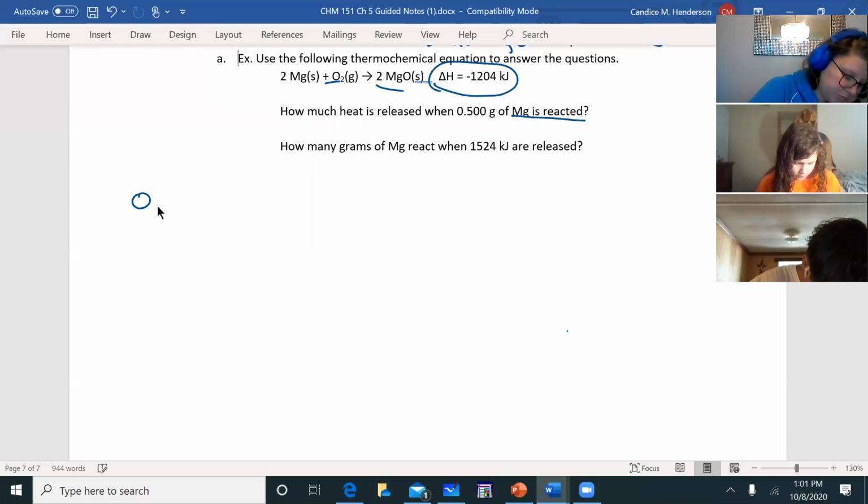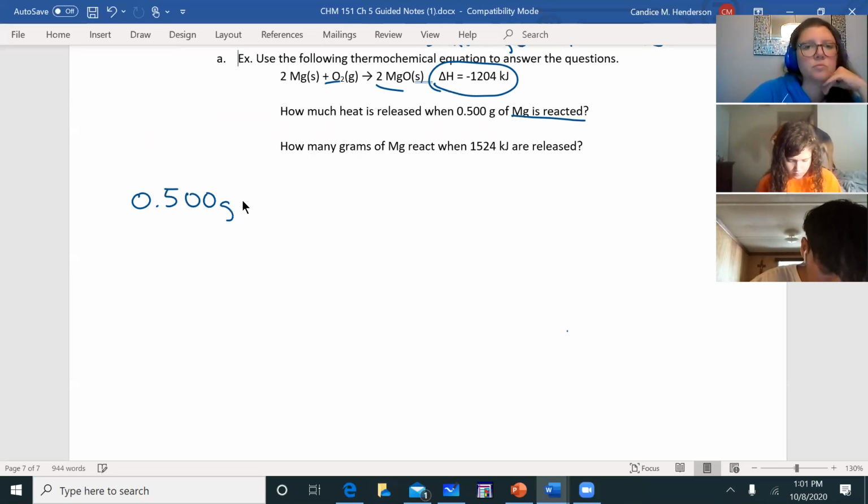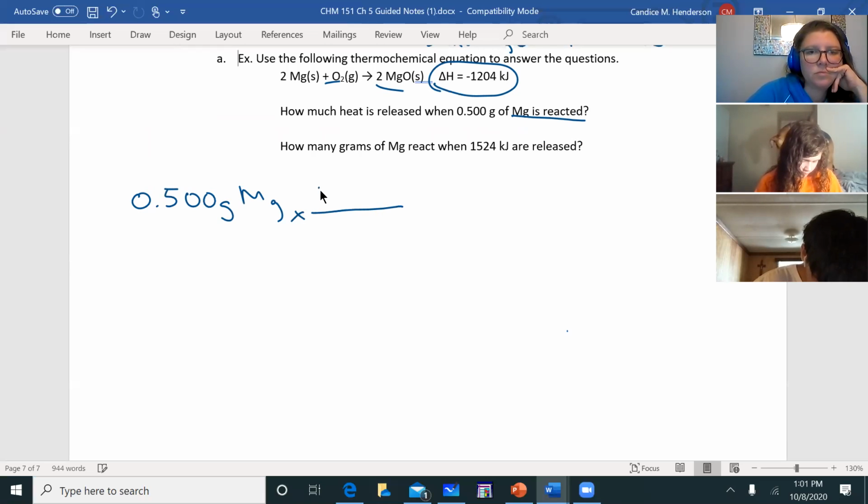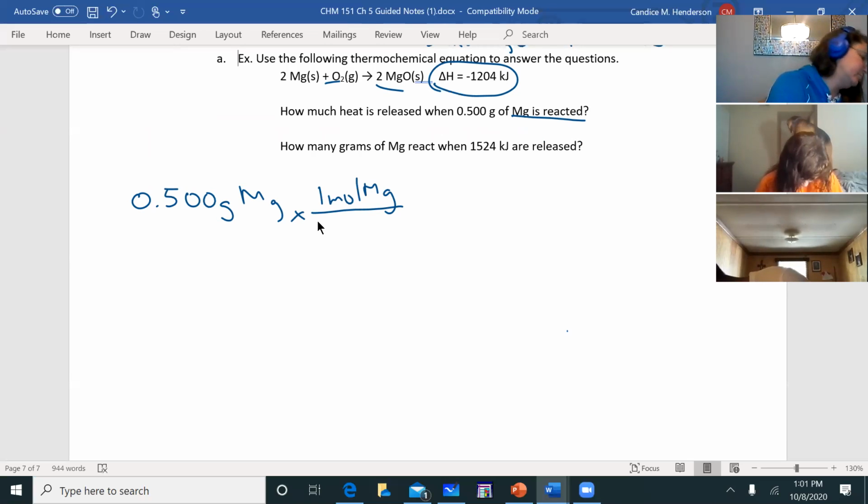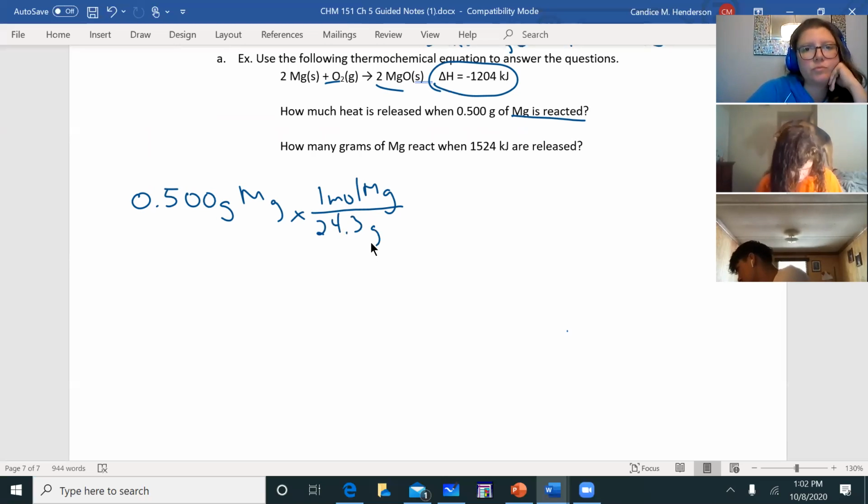So we have 0.500 grams of magnesium. Grams isn't going to do me any good, so I need to get that into moles. For every 1 mole of magnesium, it is, from my periodic chart, 24.3 grams of magnesium.